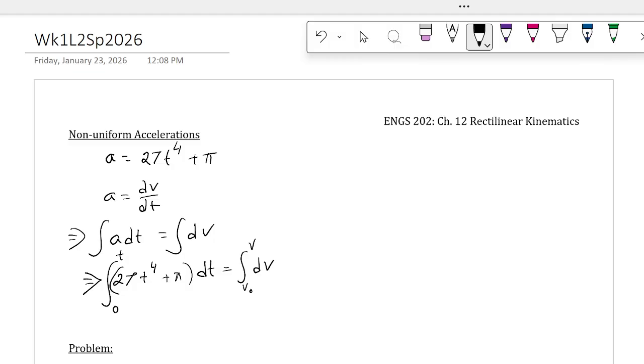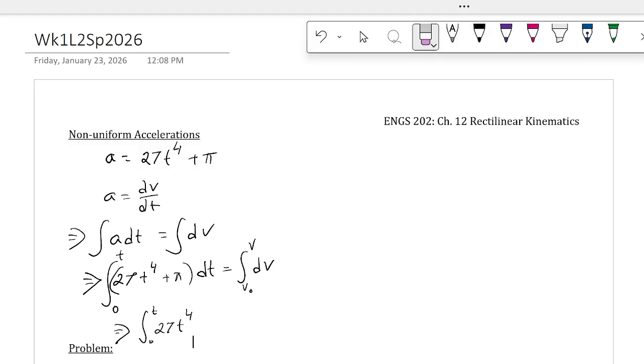Okay. So the next thing, on the left side of the integration, you have to separate those two different parameters because those are added together, right? So the limits are obviously 0 to t. Then you have this 27 t to the power 4 dt.